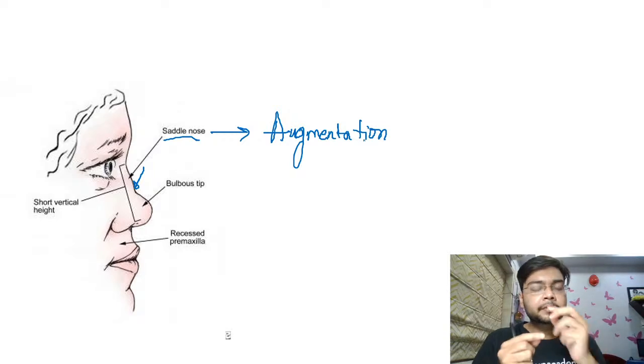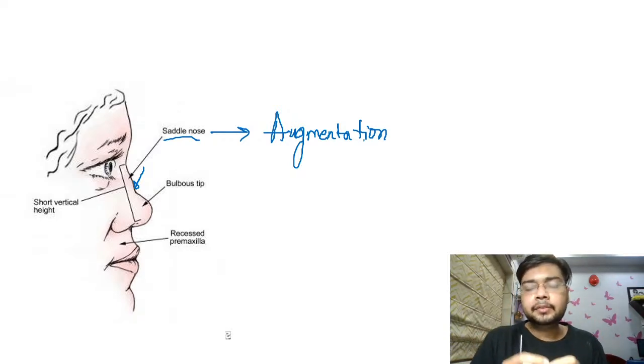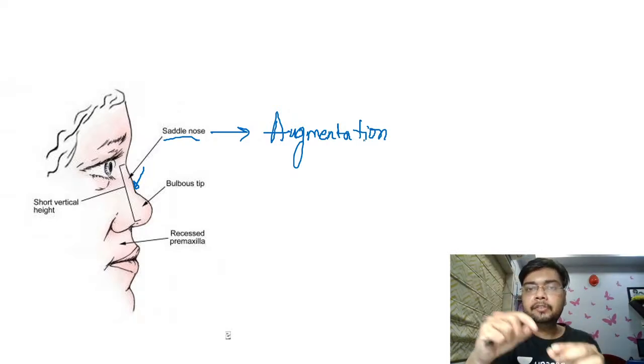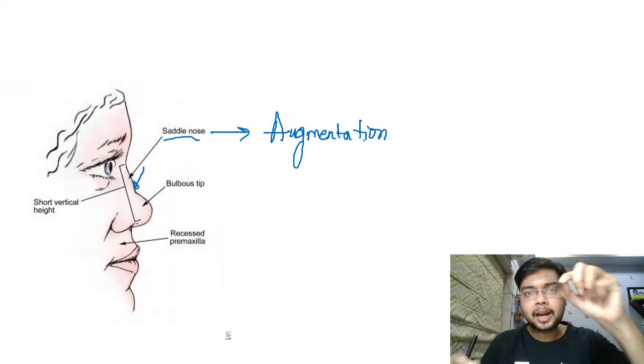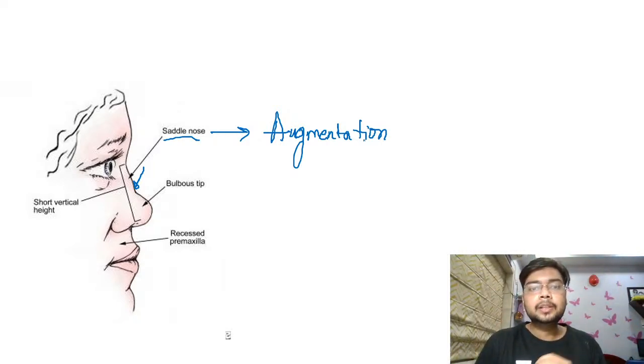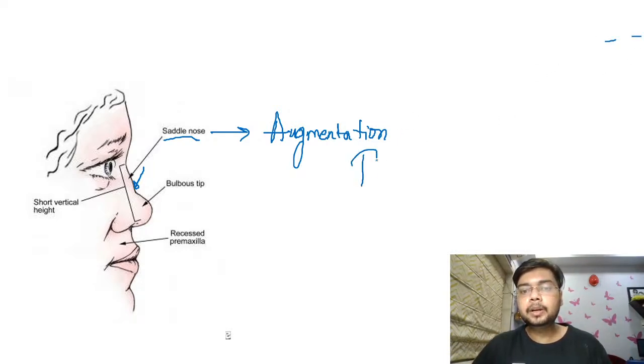We can take some nasal septal cartilage, grind it, crush it, and use the temporalis fascia, fill that fascia with the pieced cartilage and fill the depression. Okay, so basically we are augmenting the depression that is there. So this procedure is called augmentation rhinoplasty.